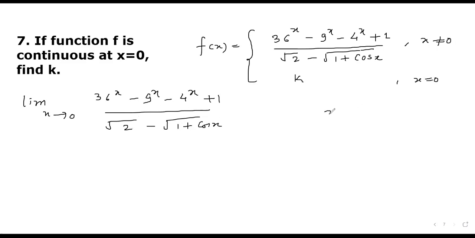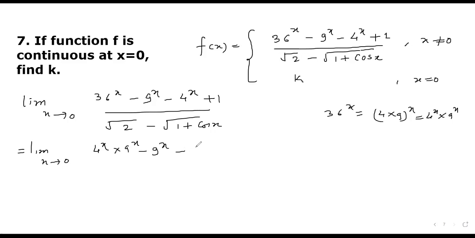Here 36 power x can be written as 4 power x into 9 power x. So limit x tends to 0 of 4 power x into 9 power x minus 9 power x minus 4 power x plus 1, divided by root 2 minus root of 1 plus cos x.